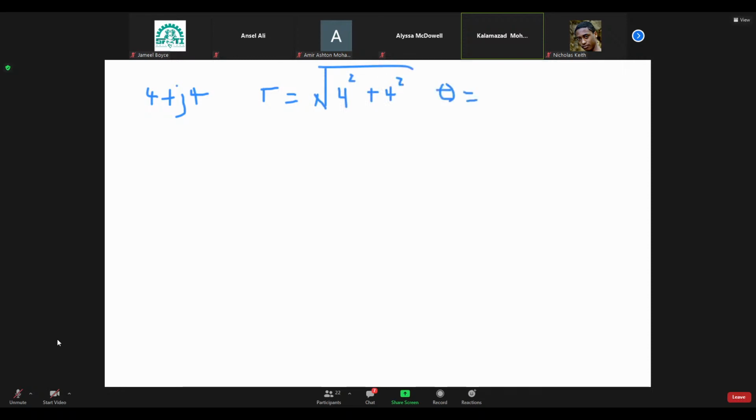Theta is tan inverse of 4 over 4, which is 45 degrees. And r would be 5.66.